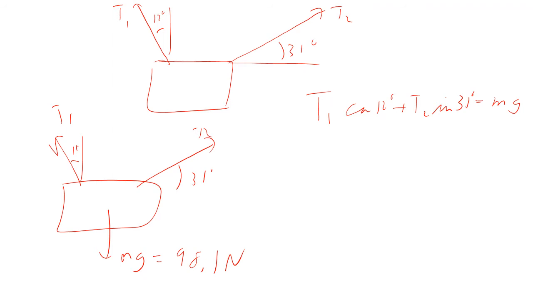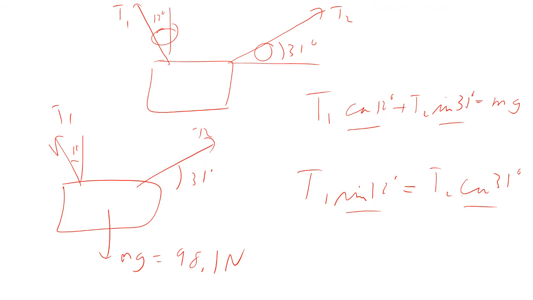Force left, T1 sine 12 degrees equals force right, T2 cosine 31 degrees. Now again, pay attention to where the angles are to determine whether you get sines or cosines. Okay, well, now what do we do?